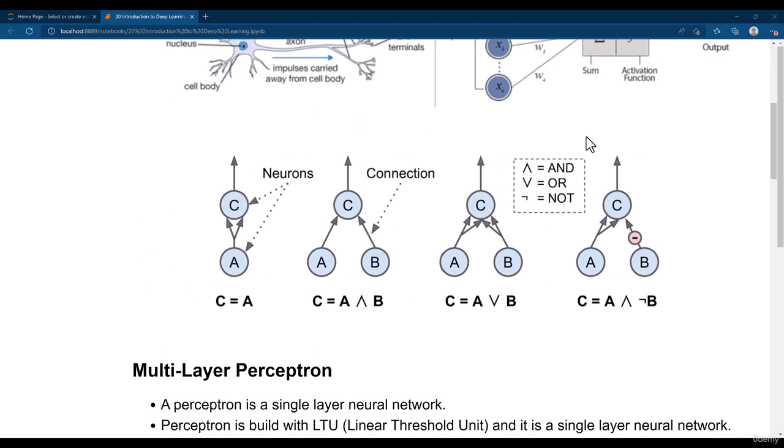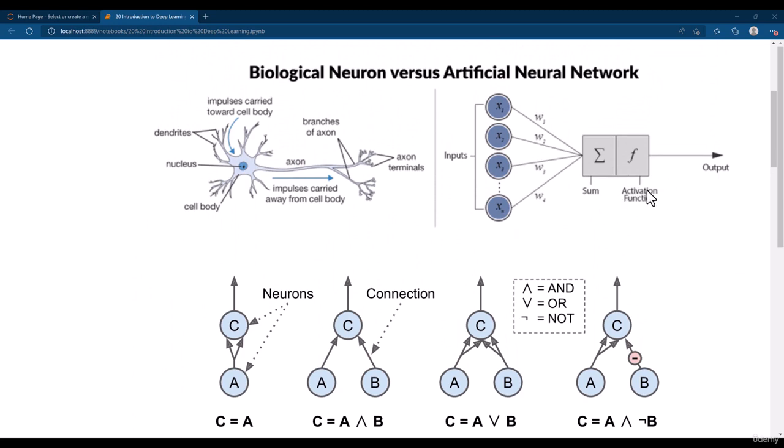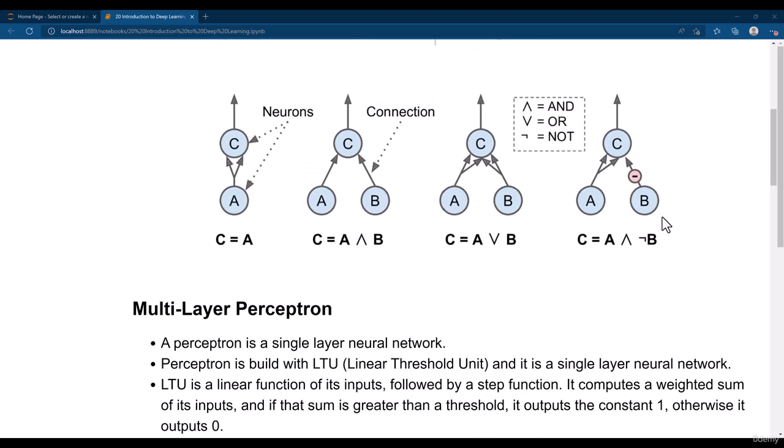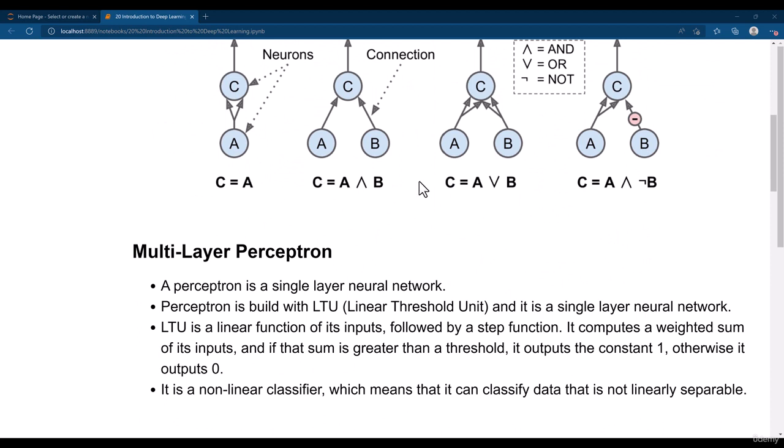And when you have an activation function like a step function, then your linear threshold unit becomes a non-linear classifier, which means it can classify data that is not linearly separable.